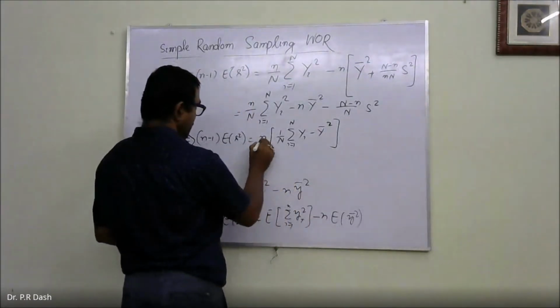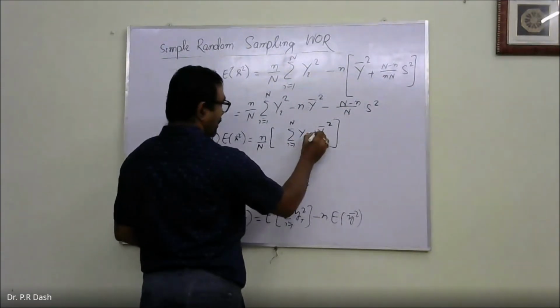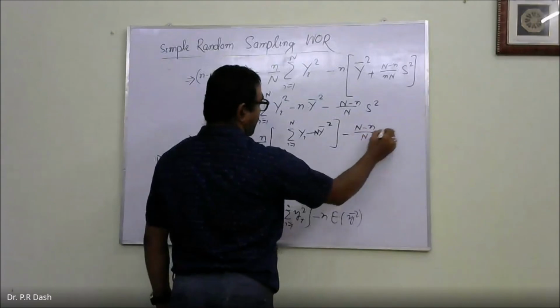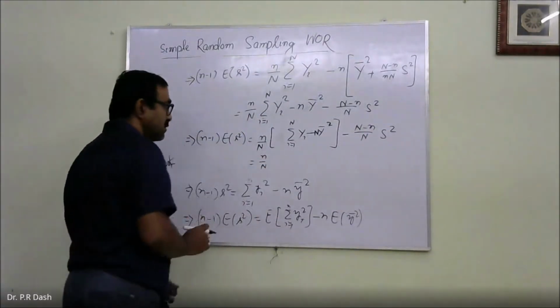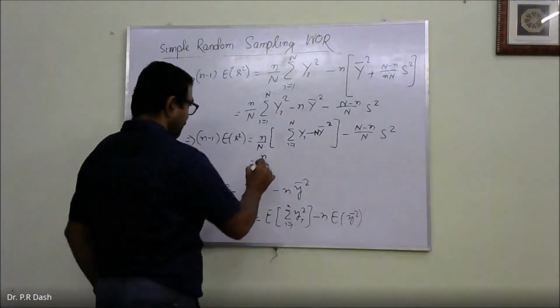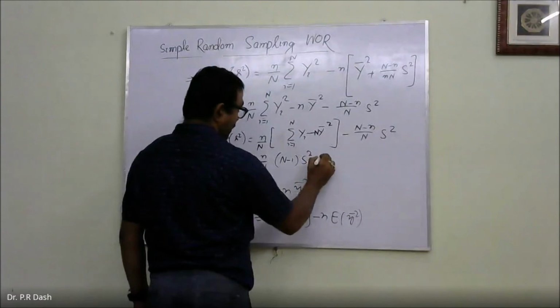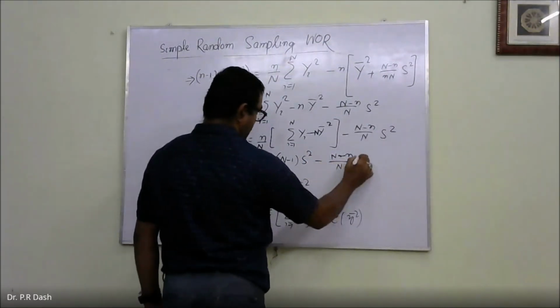We can take common n by n. So this is yn minus n y bar square minus n minus n by n s square. So this is n by n, and this value is nothing but n minus 1 s square minus n minus n by n s square.